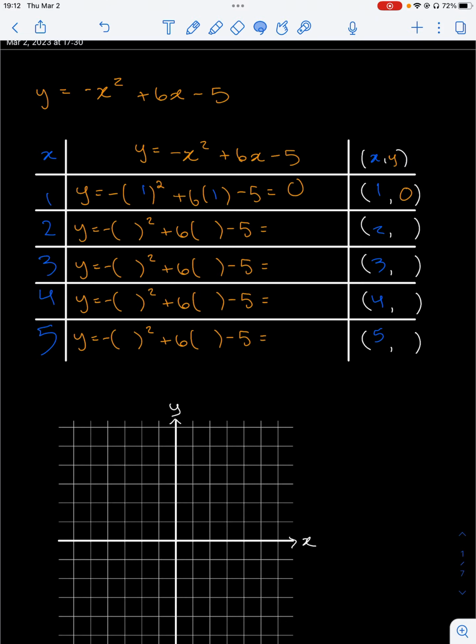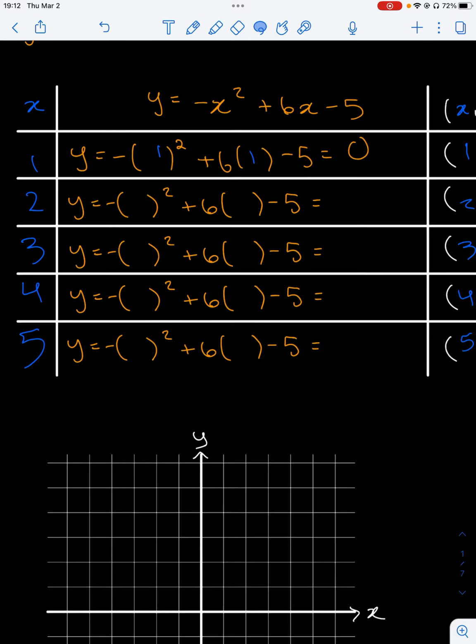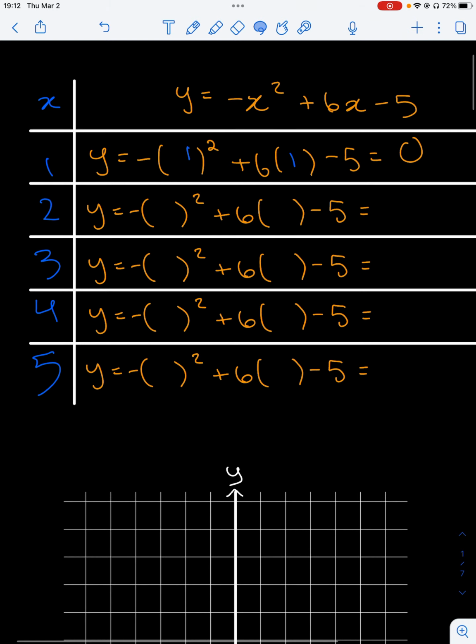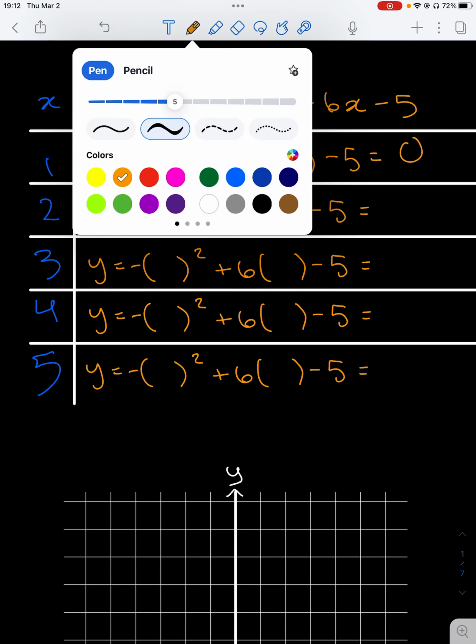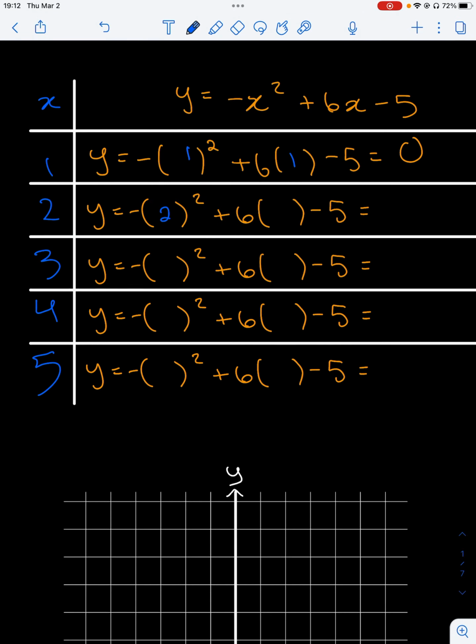Or if you're using technology such as a graphing calculator or something like Desmos, or a scientific calculator, you can essentially just keep the same formatting and then adjust the numbers inside the parentheses here. Now I'm going to go ahead and post these in. So we have 2, 3, 4, and 5.